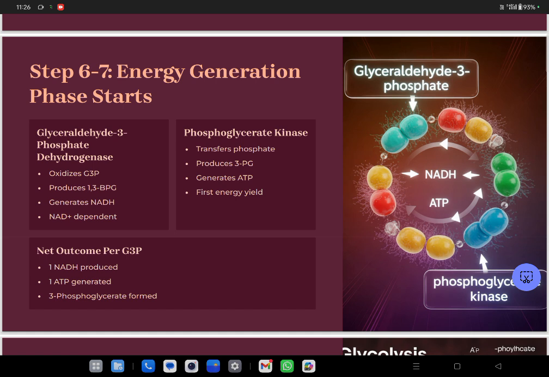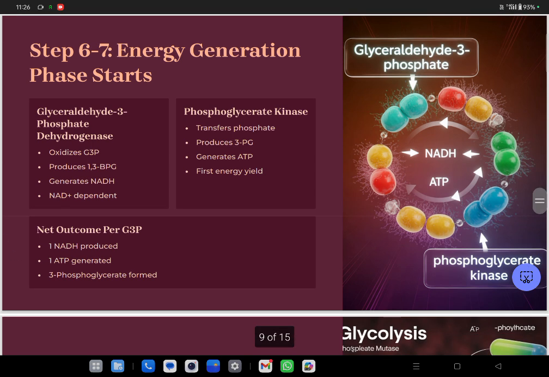What it does is oxidize glyceraldehyde 3 phosphate and produce 1,3-bisphosphoglycerate. And in this process, NADH is generated. It takes one hydrogen out from glyceraldehyde 3 phosphate and gives it to NAD plus and forms NADH plus H plus.